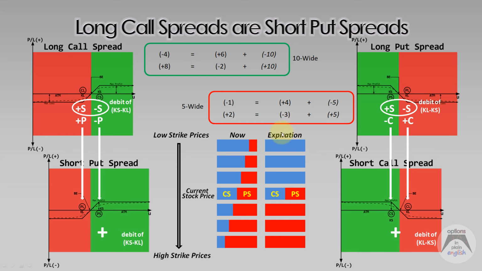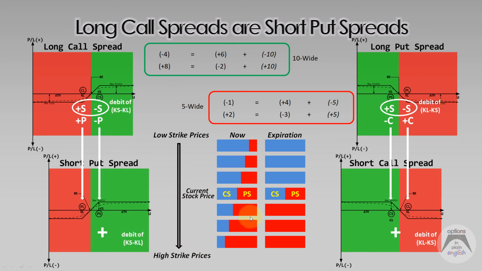You don't need to close this one. It's one less transaction fee. And also the liquidity is going to be better on a short put spread, on short puts in general, than it will be in the money calls. So in the money calls are going to be less liquid than out of the money puts.